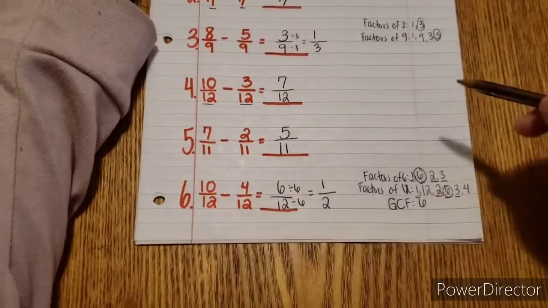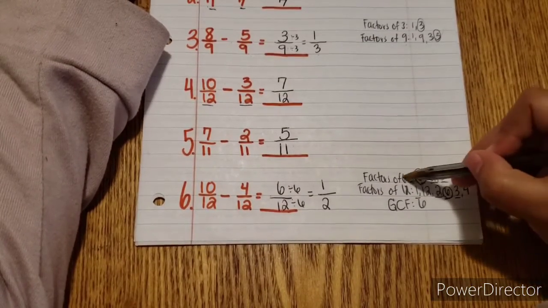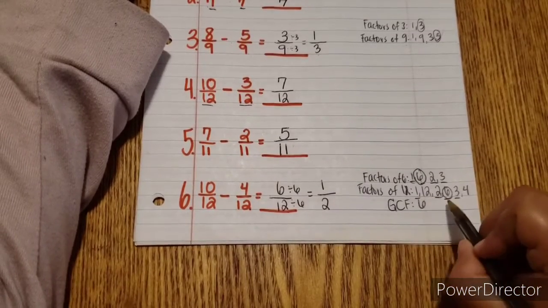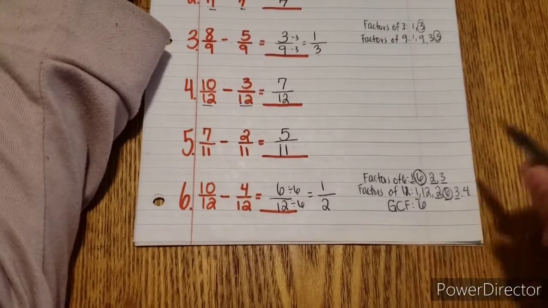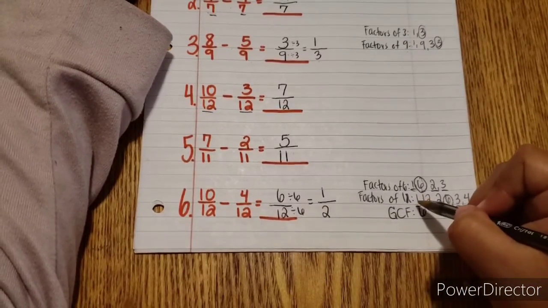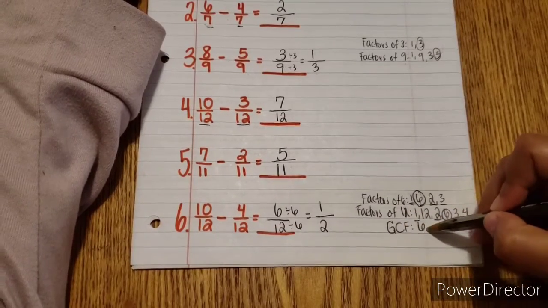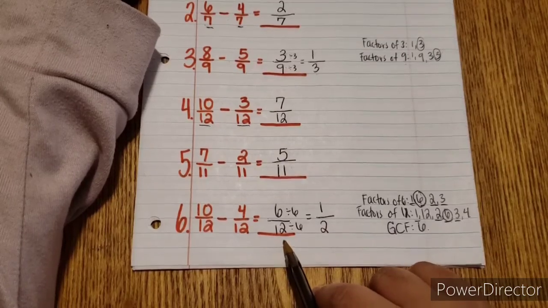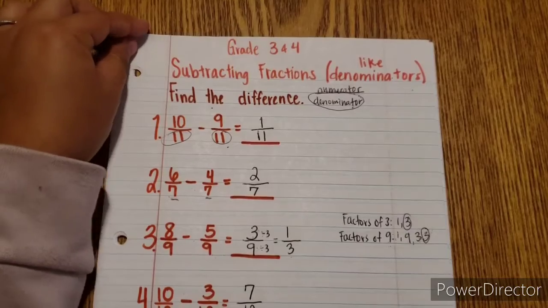Again, for these, 1 times 6 equals 6, 2 times 3 equals 6. For number 12, we have 1 times 12 is 12, 2 times 6 is 12, and 3 times 4 is 12. So that is for factors. And like this one, we have to find the greatest common factor so we can simplify this answer. So that is all we have for subtracting fractions with like denominators.